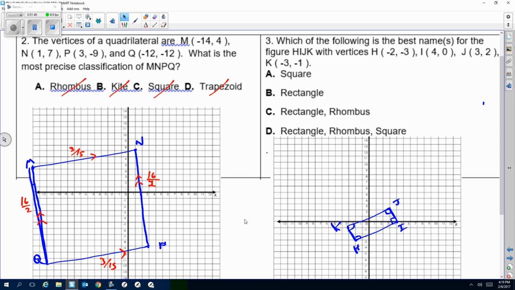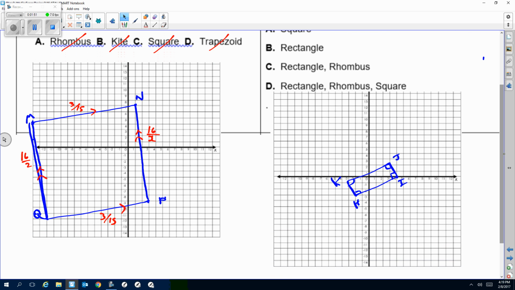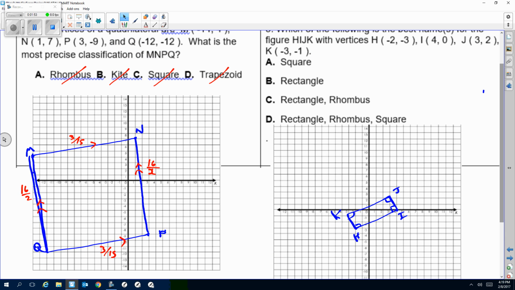On 3, when you graph, I think you can physically see it looks like a rectangle, so you might want to start off with B, but make sure you check your slopes. So when you go to the slope from K to J, we're going up 1, 2, 3, and then over 6, so 3/6. Then we compare it to the slope of consecutive sides, that's what we want to check, JI.